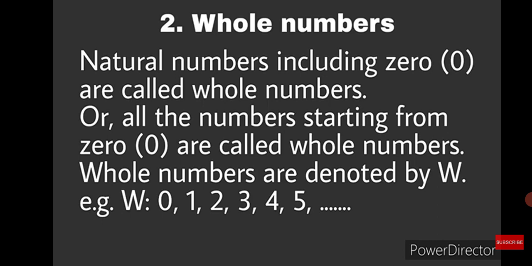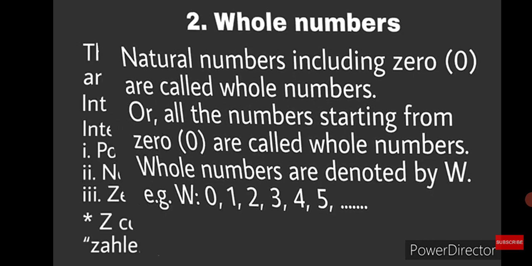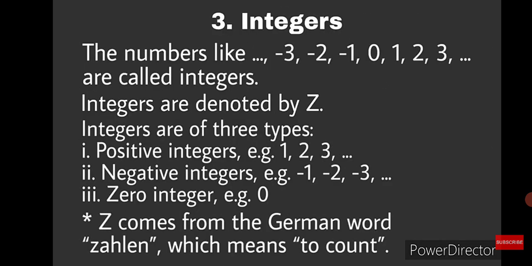Next, number 3, integers. The numbers like -3, -2, -1, 0, 1, 2, 3 are called integers.